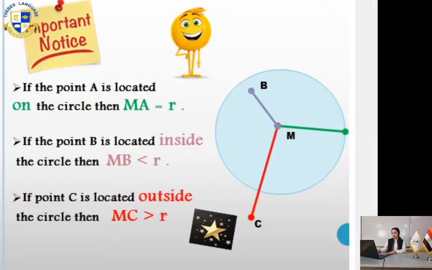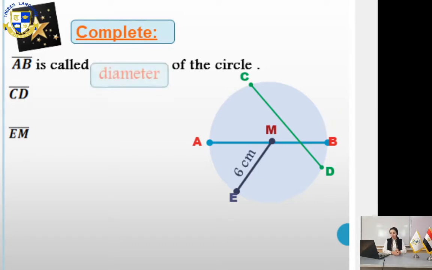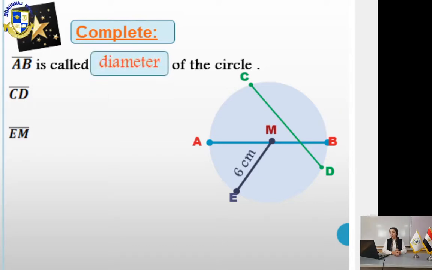Next, complete. We have here a circle, okay? Here, AB is called what of the circle? AB passes through the center, so it is the diameter. The next one, CD is called what of the circle? CD is the green line.